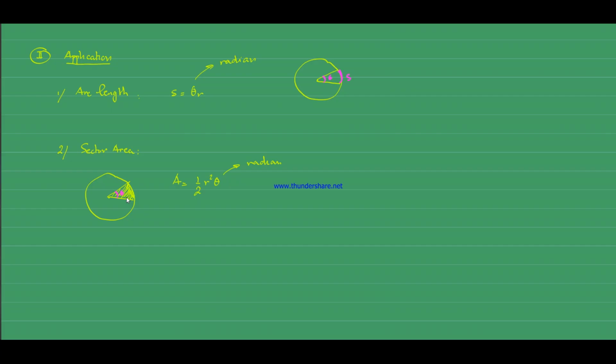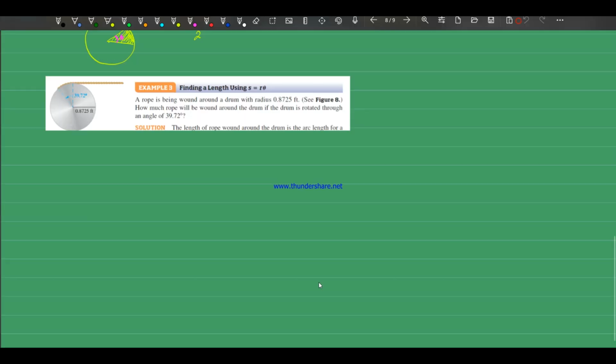Okay, let's find an example for you. Let's take a look at this example. So I have a rope wrapped around a drum with a radius.